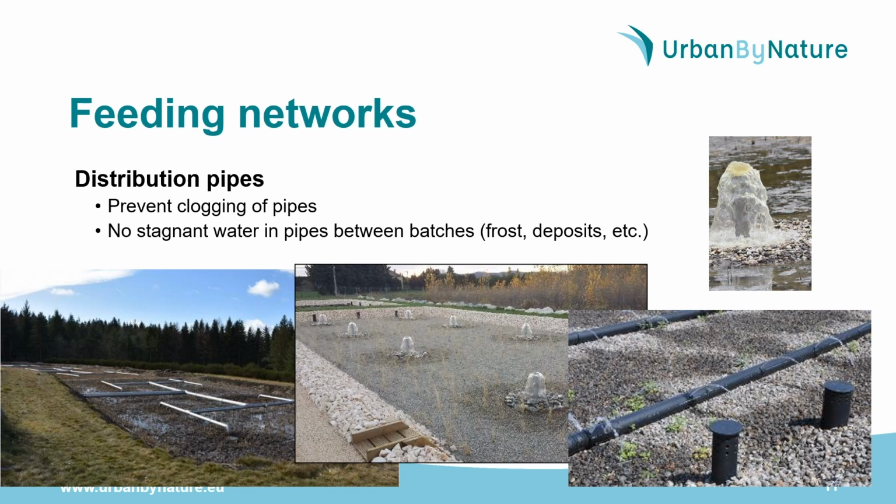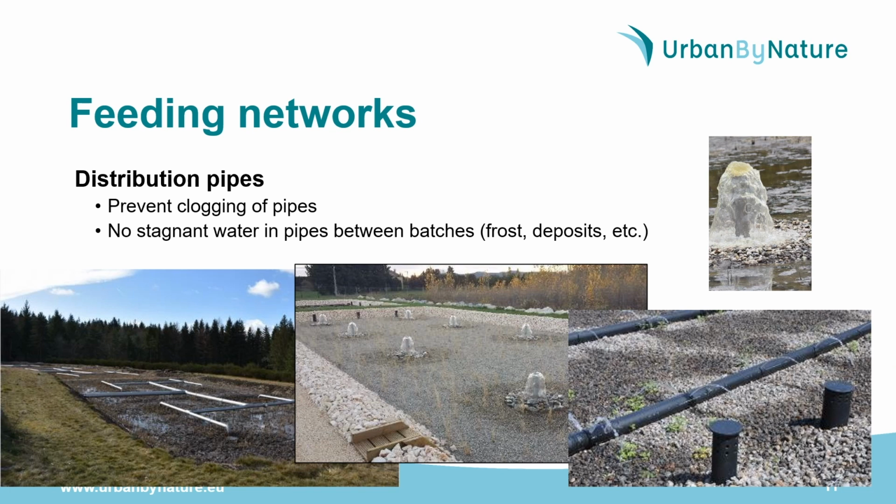The feeding network that distributes raw sewage on the first stage differs from a gravity mode here on the left to a pumping mode with a lift pump here in this picture. The minimum number of feeding points should reach 1 point per square meter on the first stage of treatment, while the distribution ramps on the second stage should provide a higher number of feeding points to ensure a better water distribution all over the filter surface.